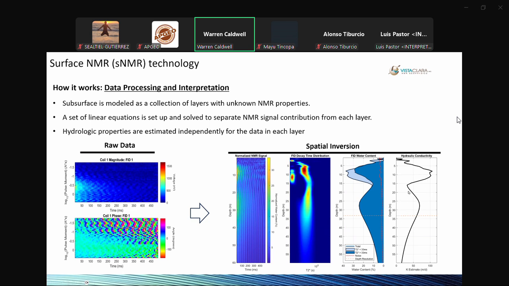And then we have our estimated hydraulic conductivity. So it's very similar data to the borehole logging NMR, but with a different vertical resolution because it's operating from the surface and you're doing an inversion to get the depth information.